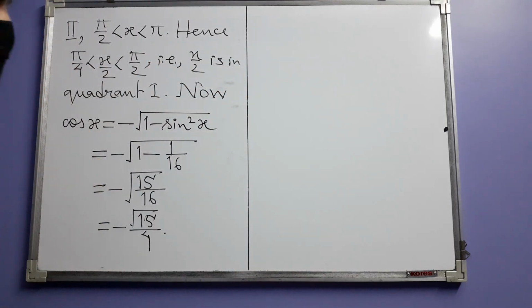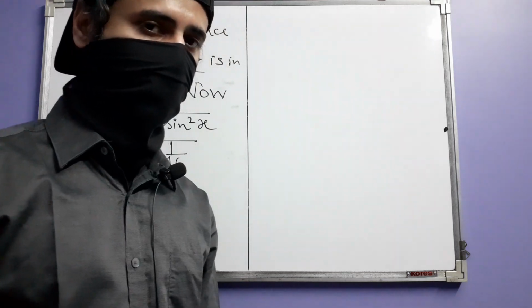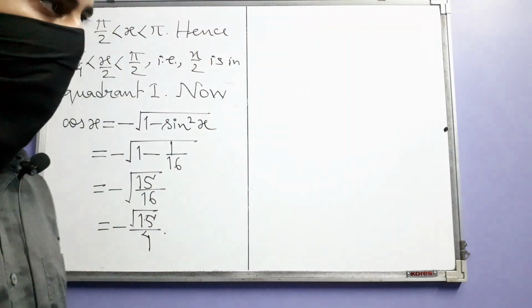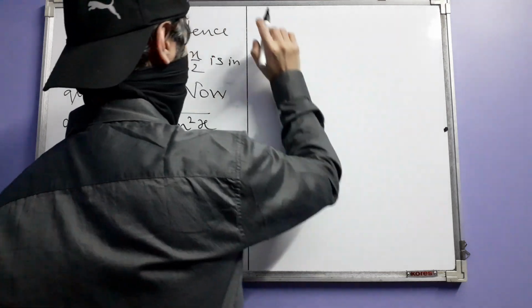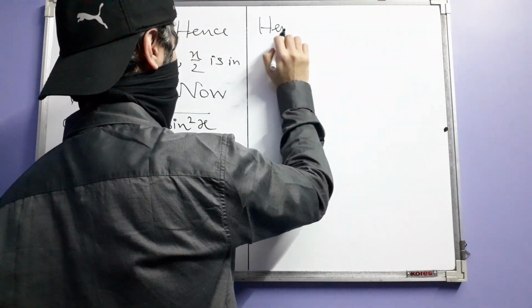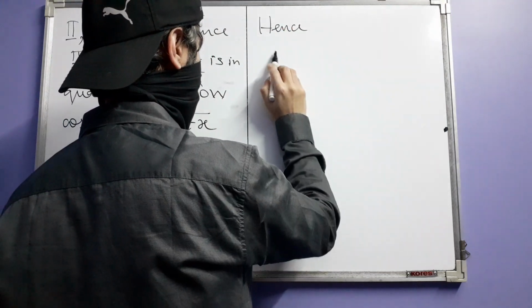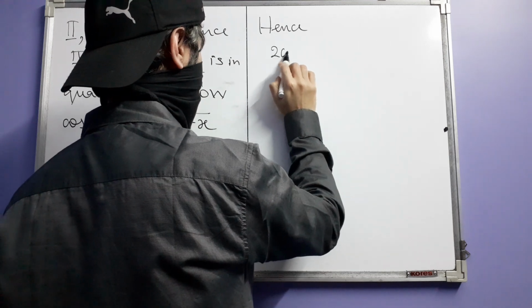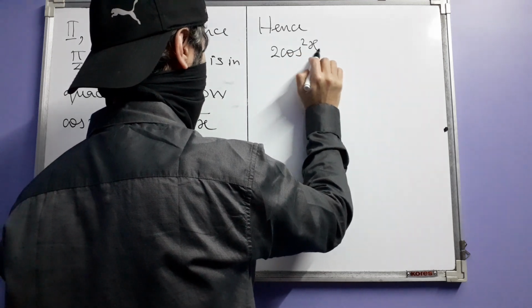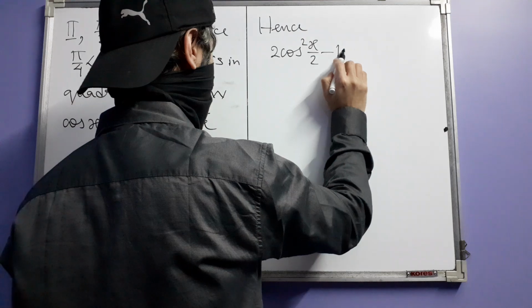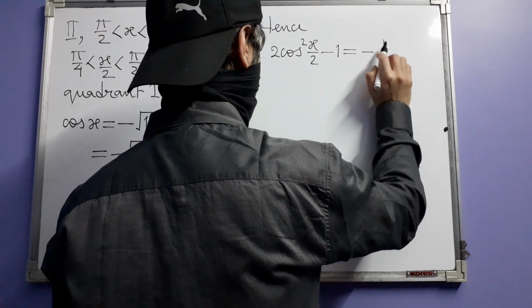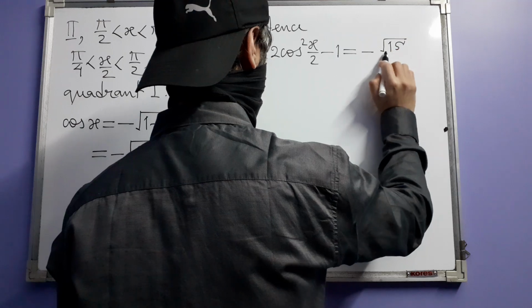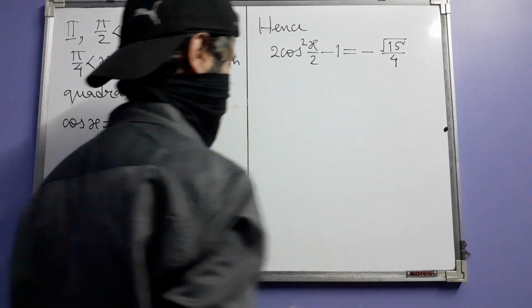So in place of cos x, we are going to write 2 cos square x over 2 minus 1, usual stuff. Hence, minus 1 is equal to, this value is a little unconventional.